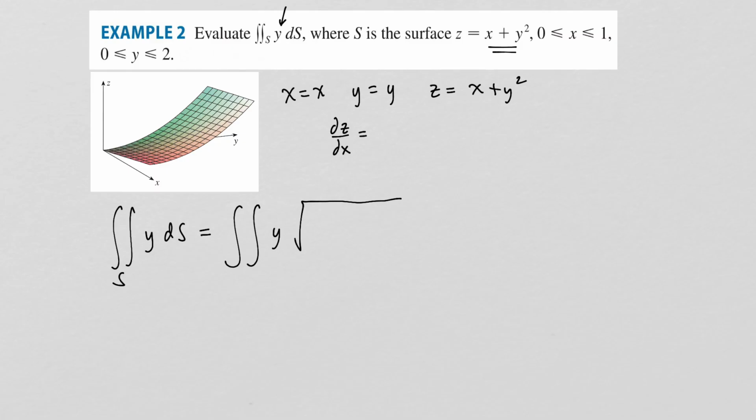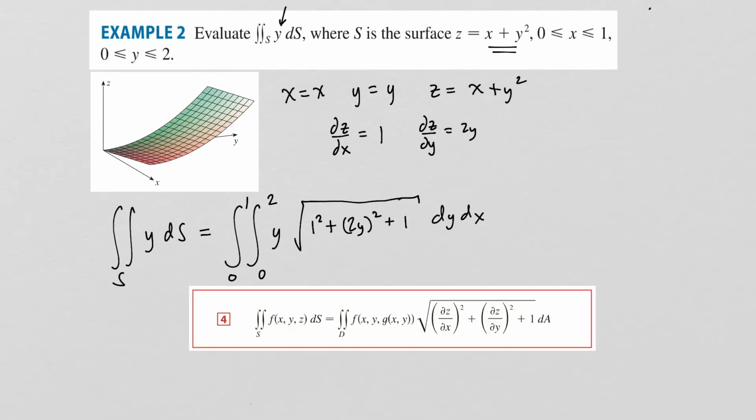Well, that partial derivative with respect to x is simply 1, right? So it's going to be 1 squared. Plus, then the partial derivative of z with respect to y is going to be 2y. So we're going to have 2y quantity squared. And then plus 1. And then dy dx. Y varies between 0 and 2, and x varies between 0 and 1.